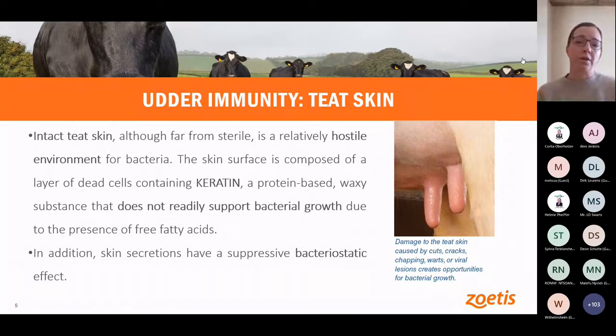And there are also skin secretions that have a bacteriostatic effect. However, if there's any damage to the teat skin caused by cuts or cracks or chapping, warts, or any types of lesions, this would then create an entry point for pathogens to enter the udder.